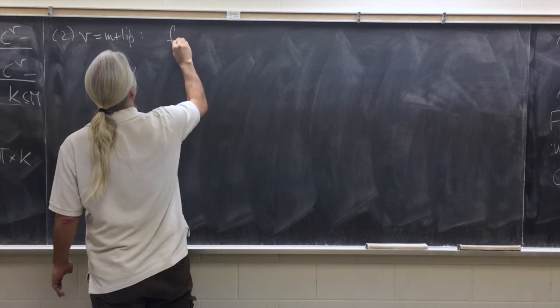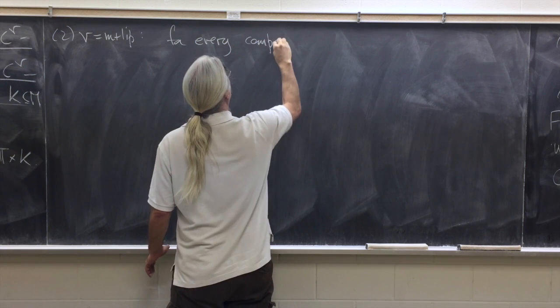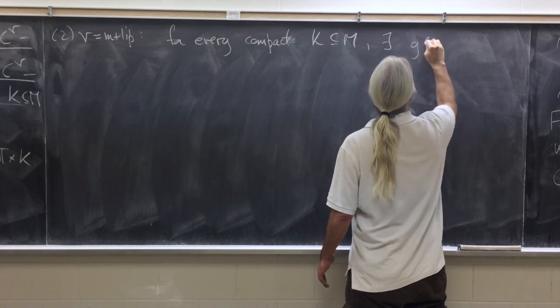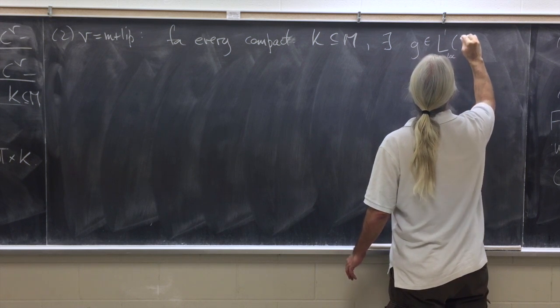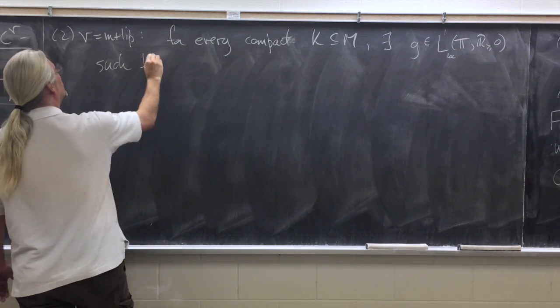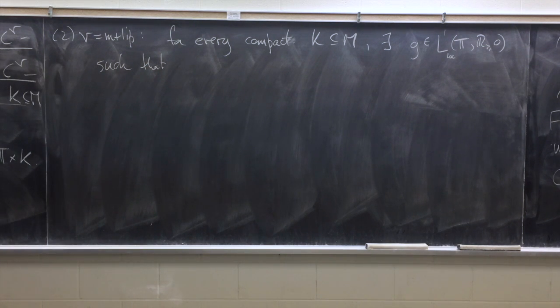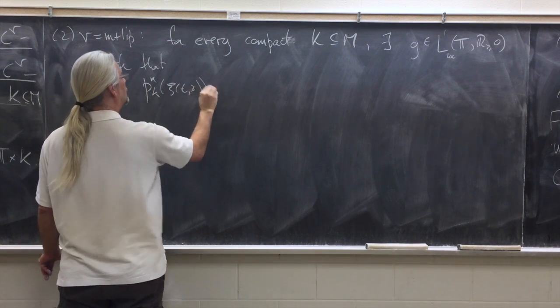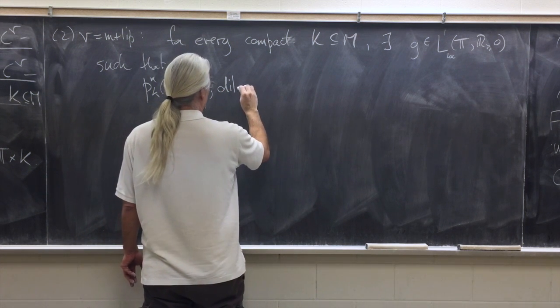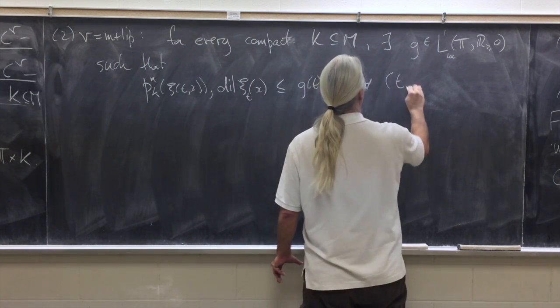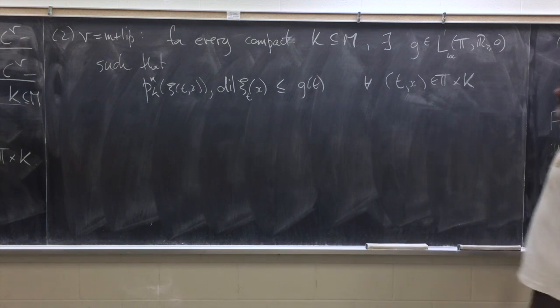For every compact K, there exists again a G. So you require here that this be true, and additionally, you have to have the dilatation of this also bounded. So you need a P, K, M.